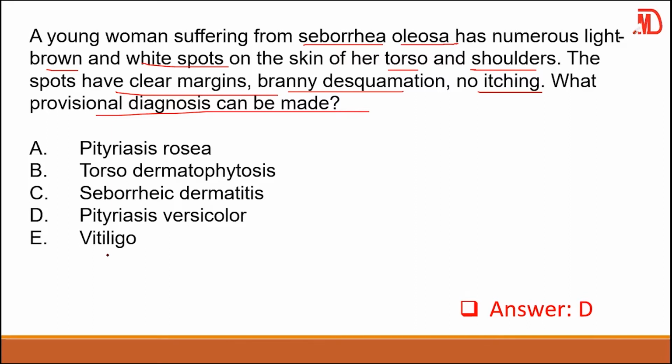So please, if you were not there, do well to watch the explanation on it. We discussed it at length. I disagreed, but we later on settled for it to be correct. So the answer is D, not seborrheic dermatitis like I was thinking. All right.